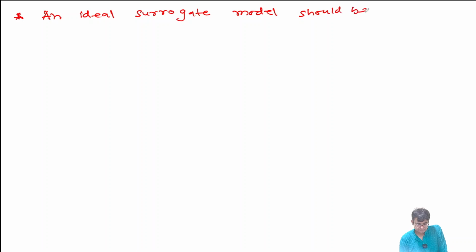So an ideal surrogate model should be accurate. It should be as accurate as possible, or closely resemble G of x, right?